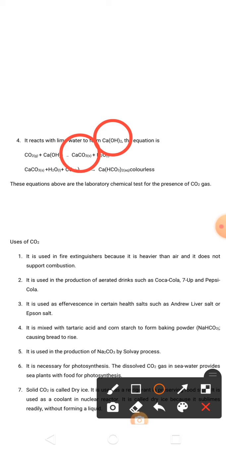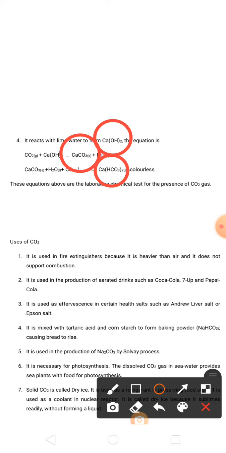This calcium carbonate that I just drew here is milky. It looks like milk. But if you now pass excess CO2 into it, it will give you Ca(HCO3)2, and this Ca(HCO3)2 is colorless.